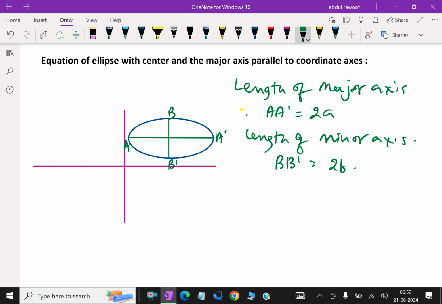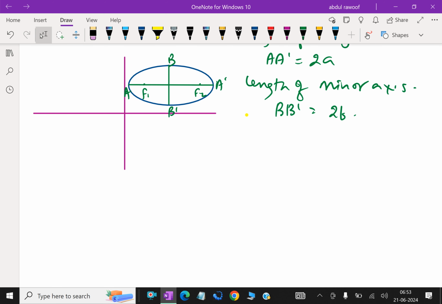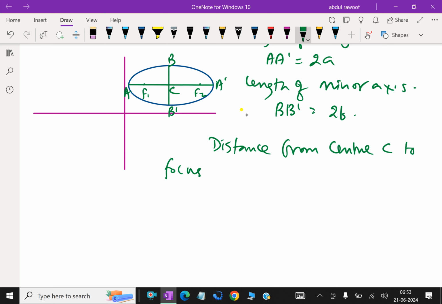Distance from the center to the focus. The foci are F1 and F2. The distance from center C to the focus F or F dash is c, equal to the square root of a squared minus b squared.